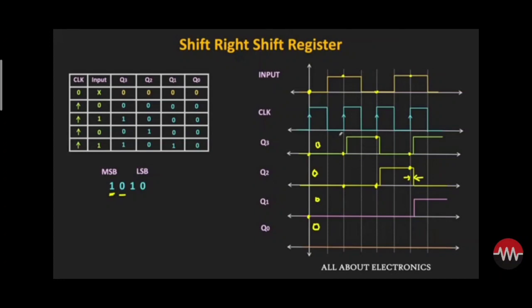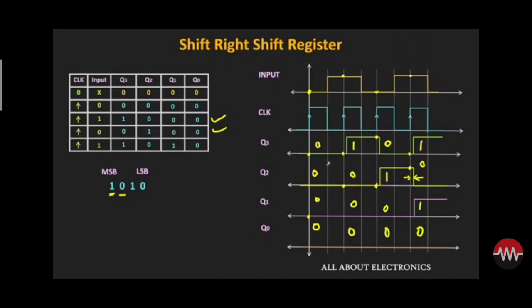Similarly, after the second clock edge, these 4 outputs are 1, 0, 0, 0. That is the third row. And likewise, during the third clock edge, these outputs are 0, 1, 0, 0. That is the fourth row. And lastly, after the fourth clock edge, these 4 outputs are 1, 0, 1, 0, which represents the last row.